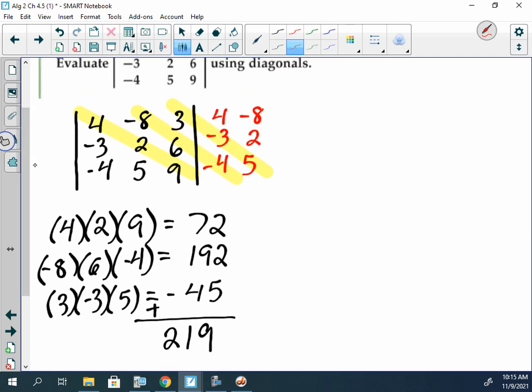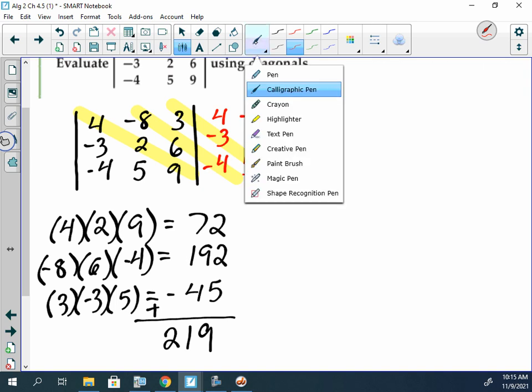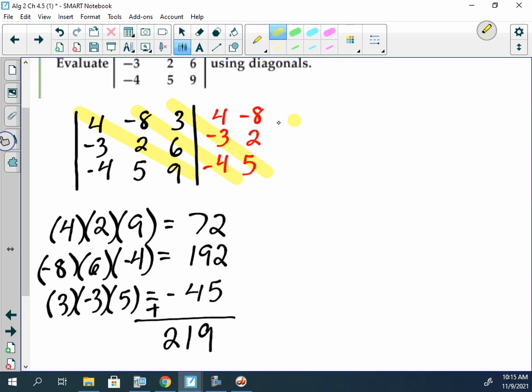Well, because on the ones we did before, we took the ones going from the left to the right and subtracted the ones going from the right to the left. So that means, well, highlighter.